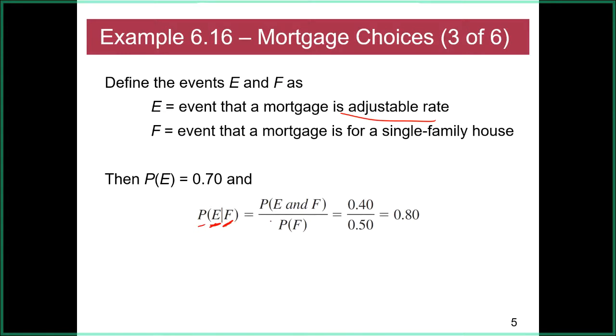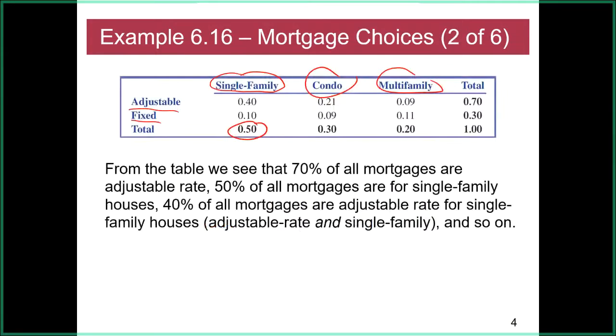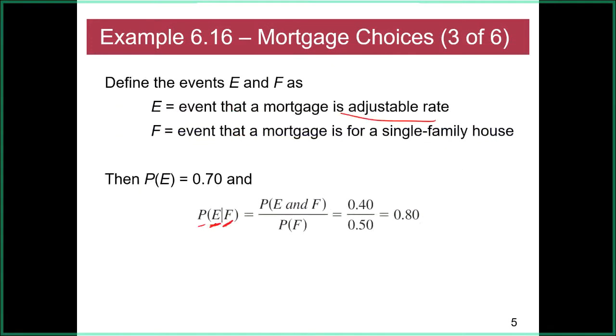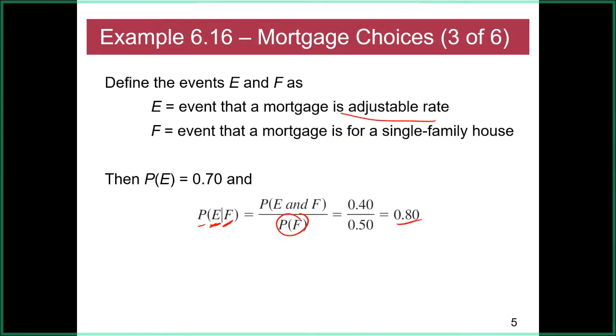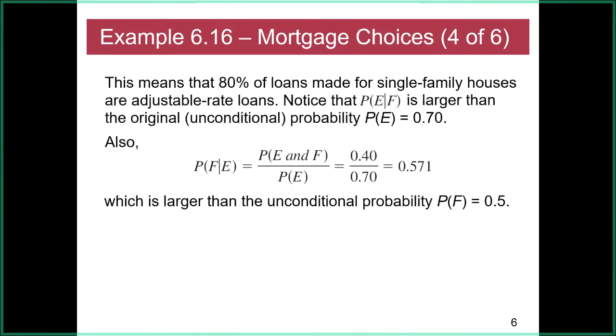Well, probability of being both adjustable and single family, that's right here, that's the 0.4. And the probability of just being a single family home, well, that's this total down here, 0.5. So that's 0.4 over 0.5 or 0.8 probability. Well, 80% means 80% of the loans for the single family houses are adjustable rate loans.